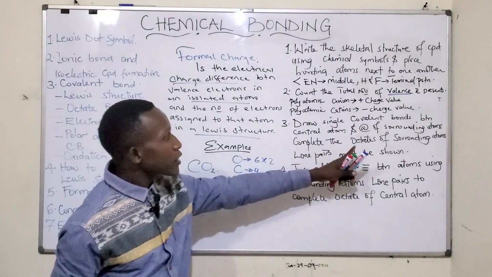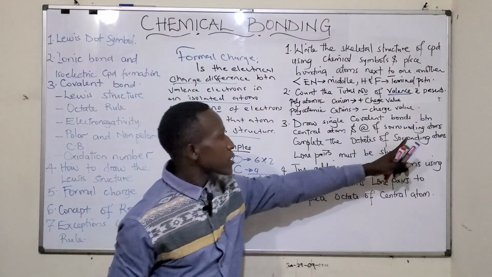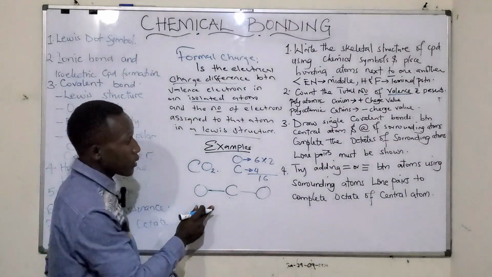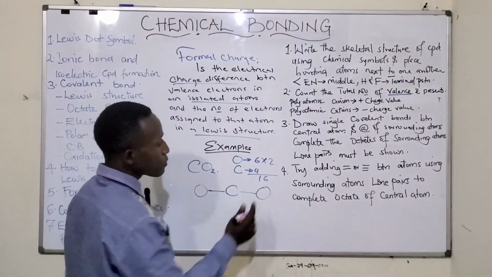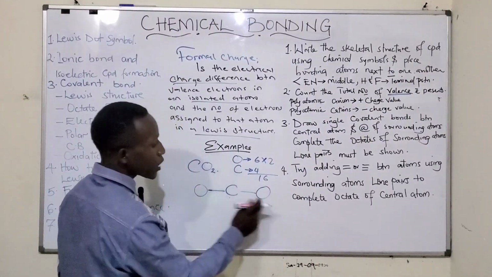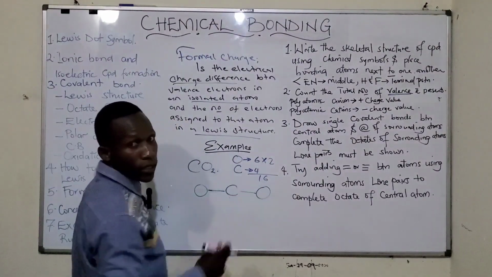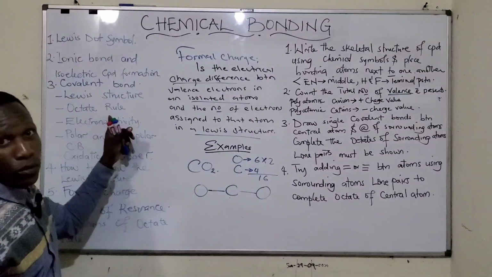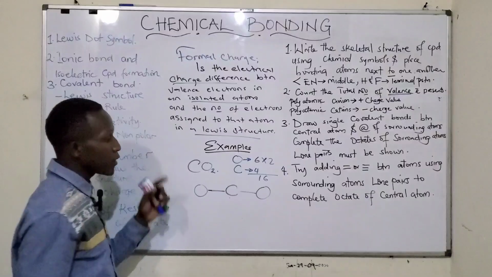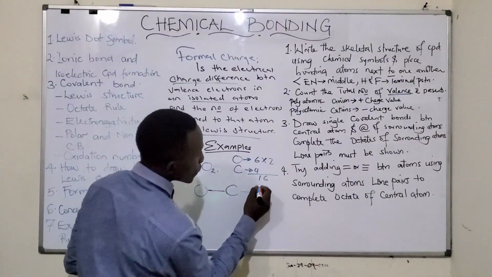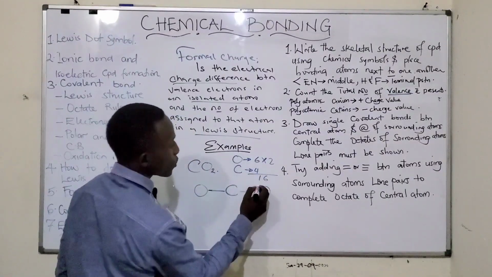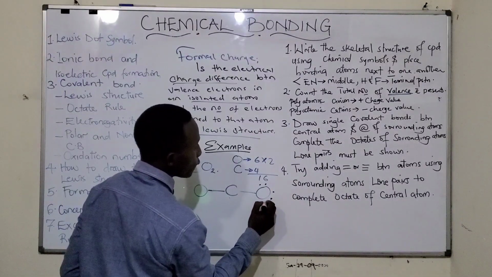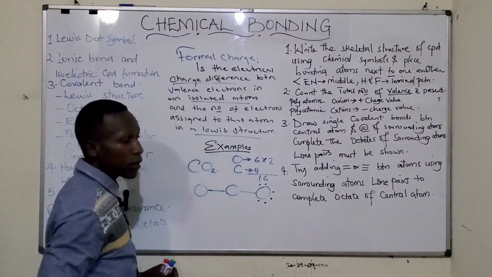Now, next step, complete the octet of the surrounding atoms. This is the central atom. These are the surrounding atoms. Completing the octet means that we make these surrounding atoms be surrounded by 8 electrons, because we talked about the octet rule in the first video. So oxygen has 6: 1, 2, 3, 4, 5, and 6.